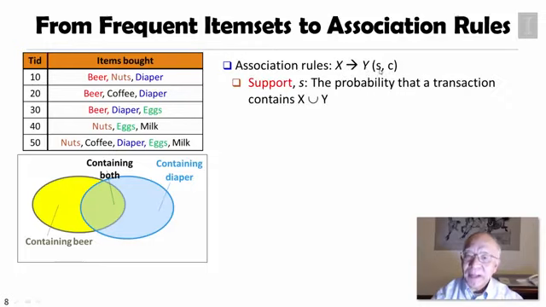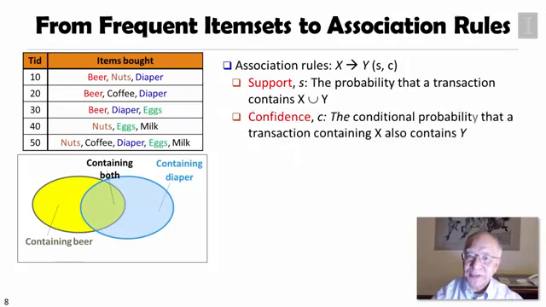Then S is the support, which is the probability that X and Y are contained together in the transaction set. Then C is the confidence, which is a conditional probability. That means if the transaction contains X, what is the probability it also contains Y?